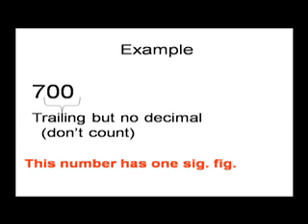Well, obviously 7 is significant, but we have 2 zeros, and they are trailing zeros without a decimal point. You don't see a decimal point. And so this particular number has only one significant figure, the 7. The zeros are trailing without a decimal point. It's very, very important that we understand how to get the number of significant figures.